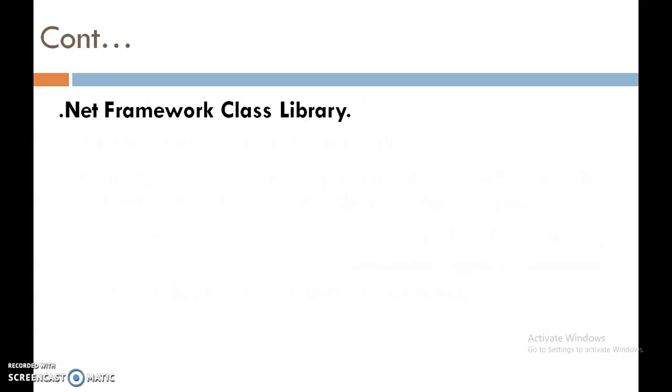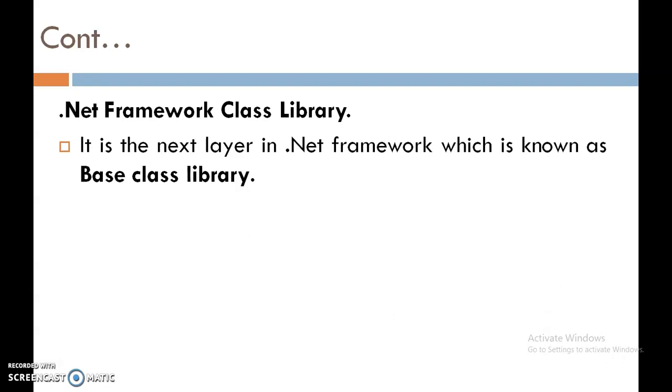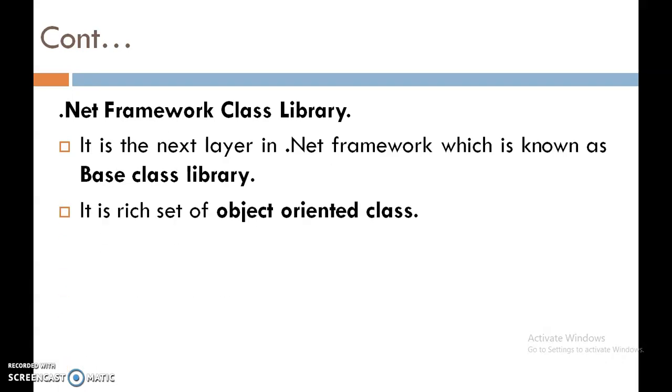Now, next is .NET Framework Class Library. It is also known as Base Class Library or FCL, Framework Class Library. It is the next layer in .NET Framework above the CLR. The way to access the library classes and methods in VB.NET will be the same in C#, and it is common for all other languages.